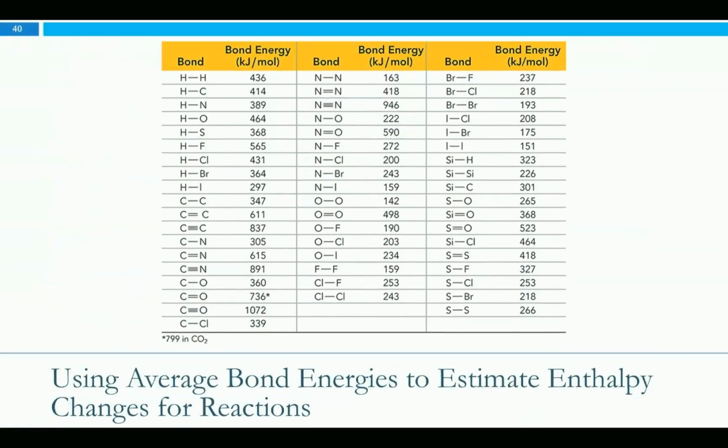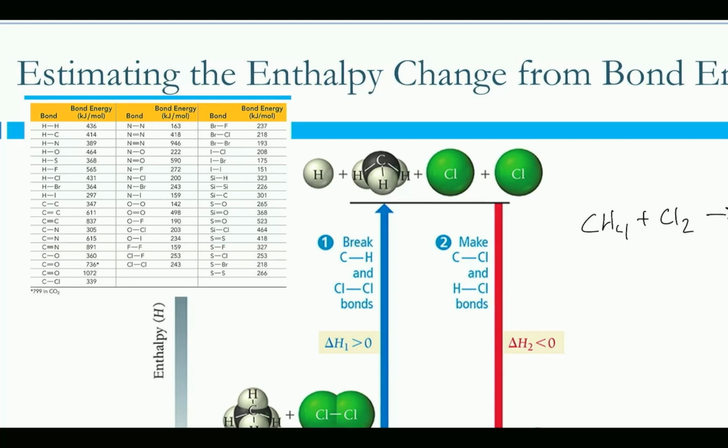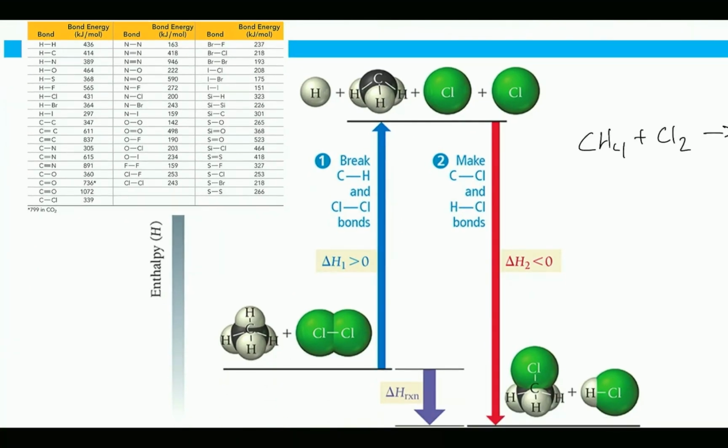The carbon-hydrogen bond, I'm breaking one of those, so I'm going to have to put in 414 kilojoules per mole for that one. The chlorine bond is going to be 243 kilojoules to break.